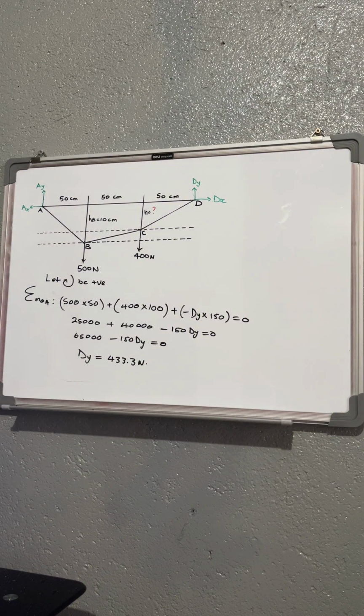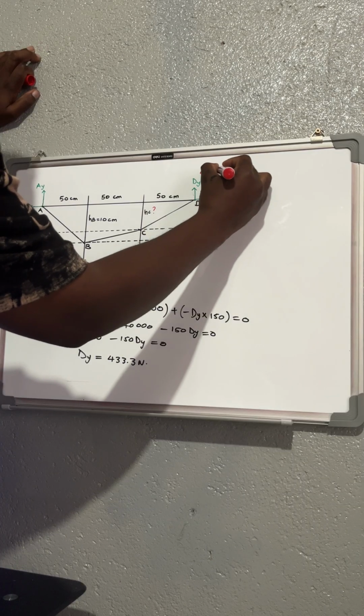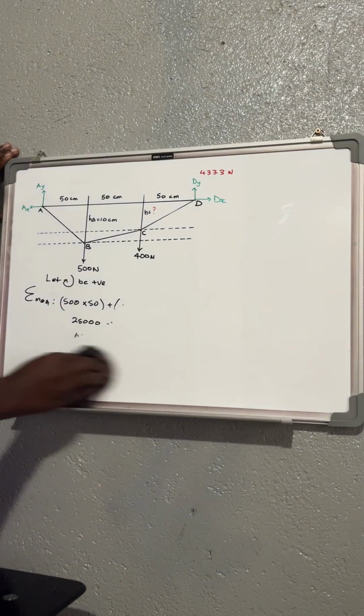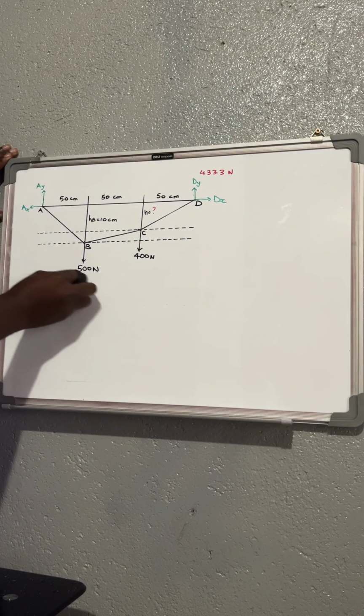You see? So we've got that one. We can go and write it down that we have our 433.3 Newton. So since we've got that one and we have limited space, I'm going to erase this one, and we can find our AY also.